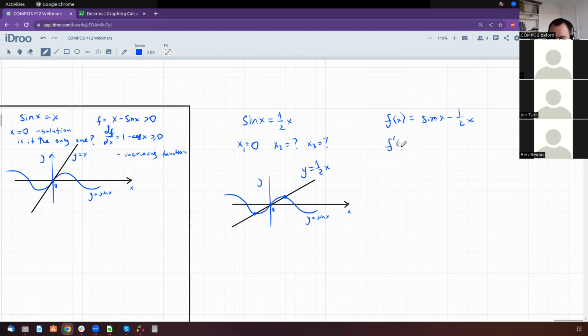So the derivative of f is cos x minus 1/2. No, that won't help. So this must be equal to 0.